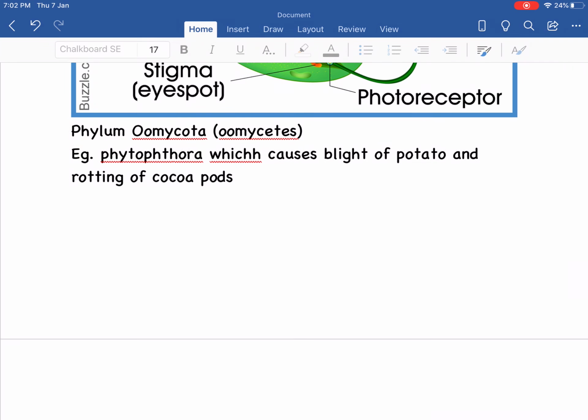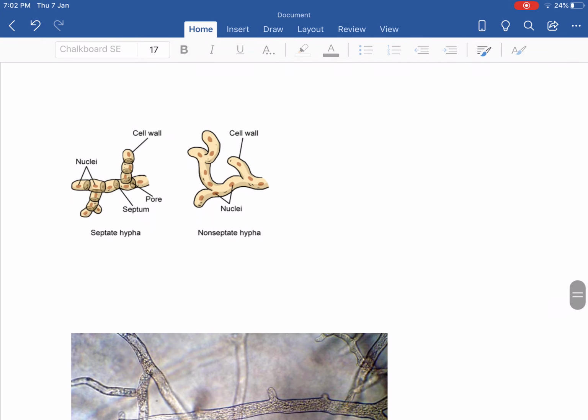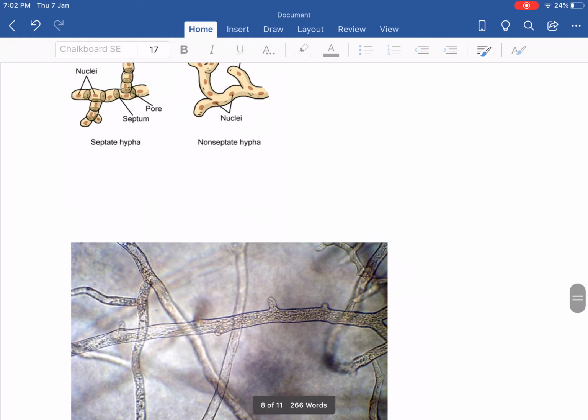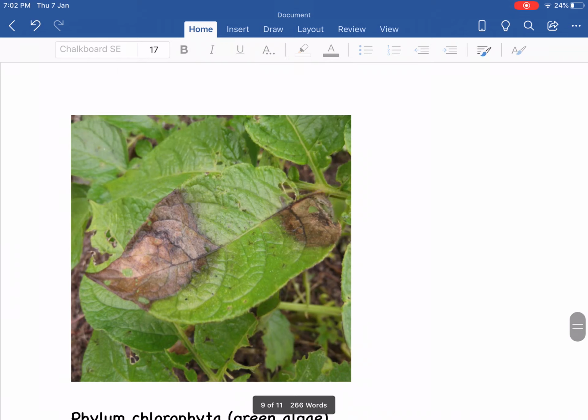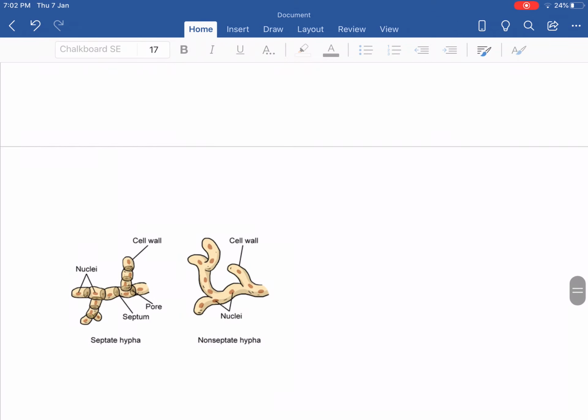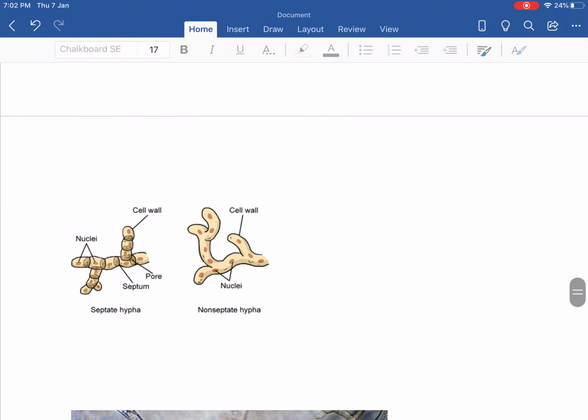Phylum Oomycota or Oomycetes. An example is the Phytophthora, which causes blight of potato and rotting of cocoa pods. The special thing about it is that they have a non-septate hypha. Now the hypha is like the branches in the vegetative body, usually of fungi. But usually fungi have theirs septate. Septate means it's separated.